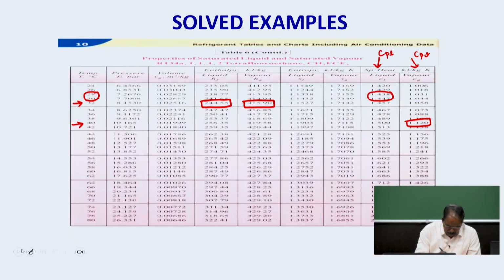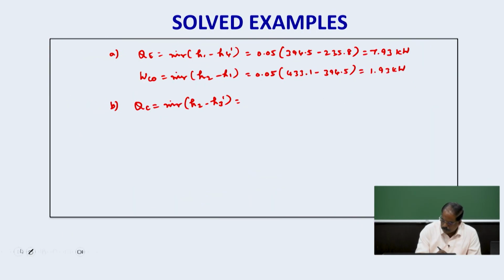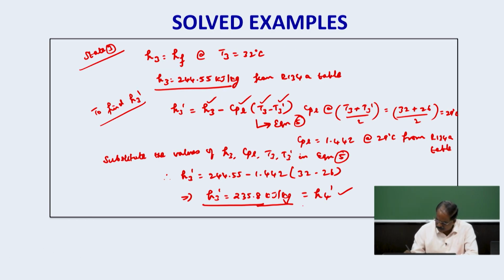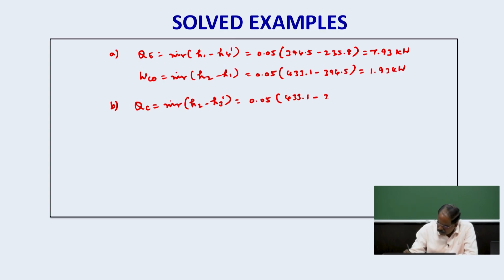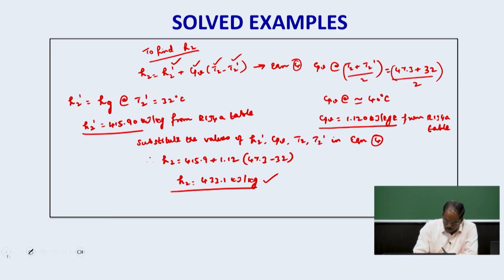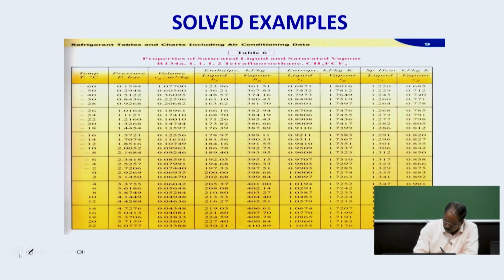Let me substitute the values. 0.05 into H2, which is 433.1, minus H3 dash, which we have calculated, equal to H4 dash, 235.8. So the condenser heat load comes to 9.86 kilowatt.